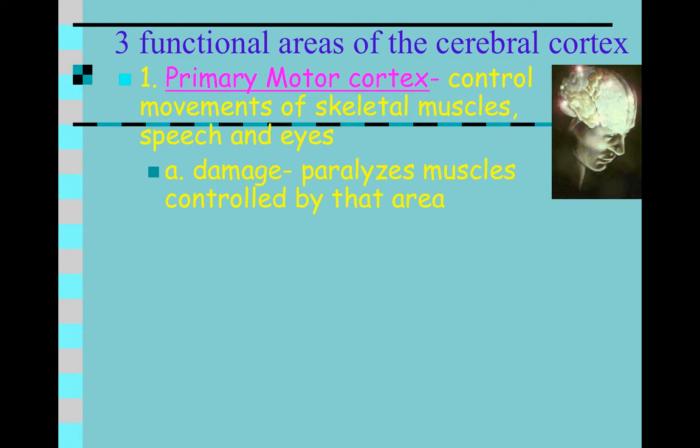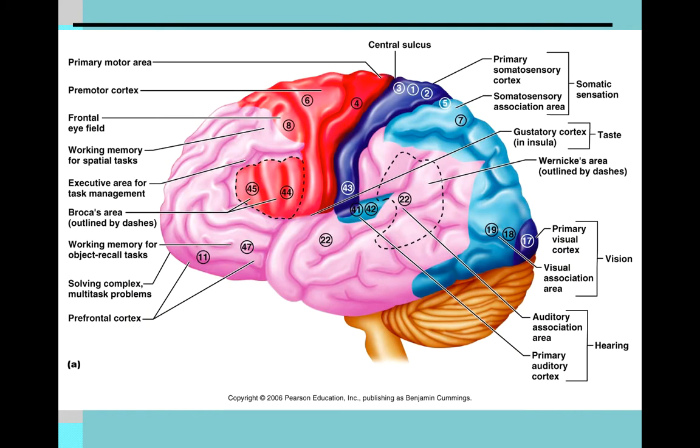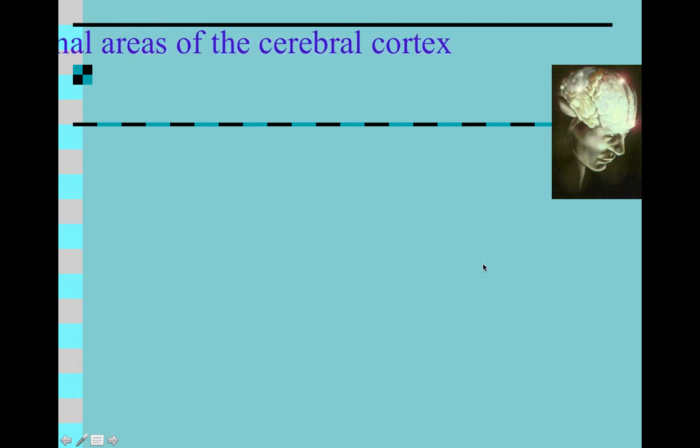If something damages that primary motor area, is it more likely to cause vision loss or paralysis? Well, it's going to cause paralysis. All right, so you might notice right now that vision is in your occipital lobe. All right, your occipital lobe is where we have vision. So this is why those questions were asked in the lab.